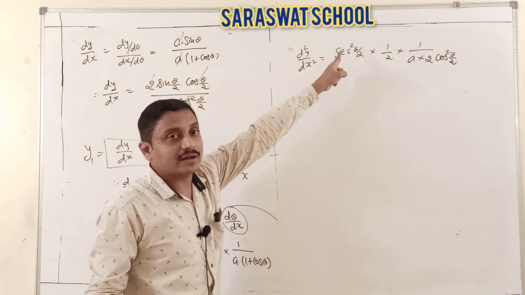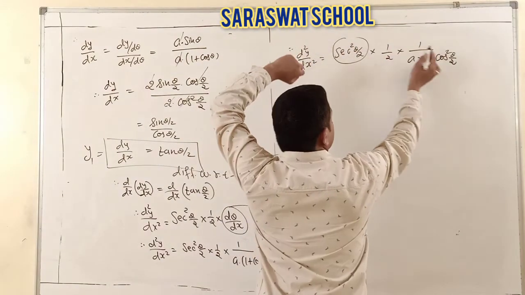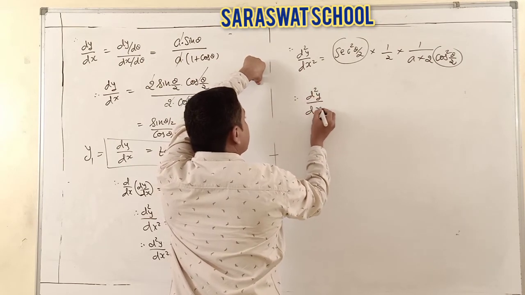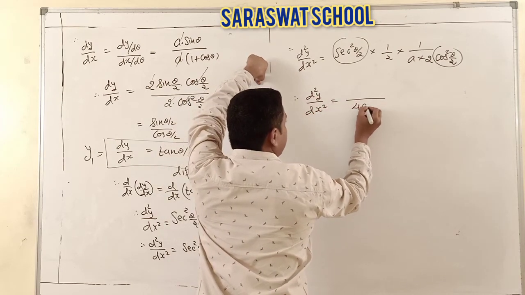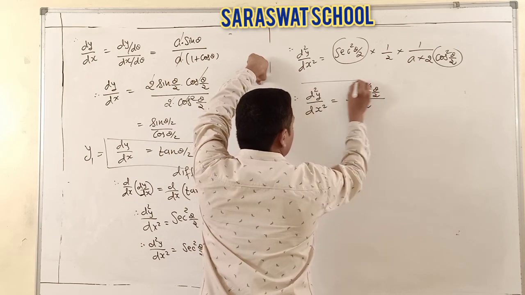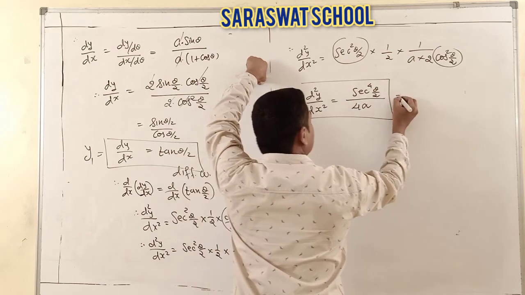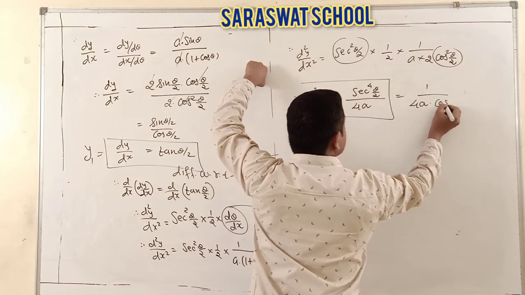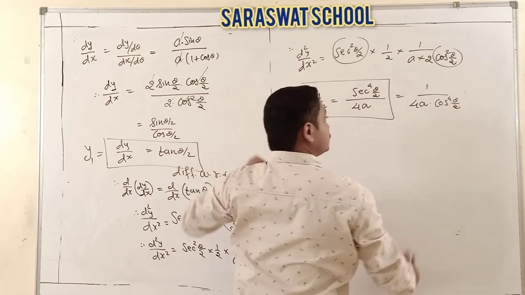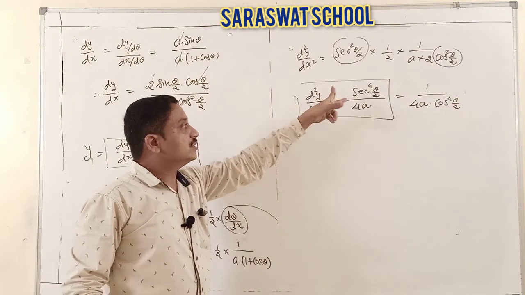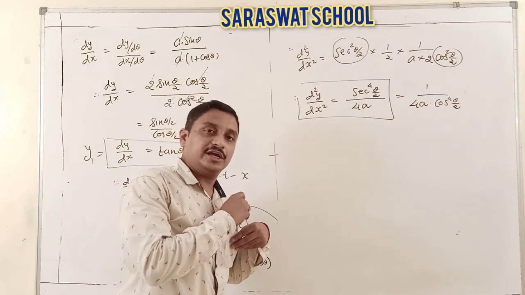Cos square and sec square, you combine both. They are reciprocal to each other. So d square y by dx square is 1 upon 4a times sec raised to the power 4 of theta by 2, and this answer is done. Either way, you can write 4a cos to the power 4 theta by 2 in the denominator, the same answer.